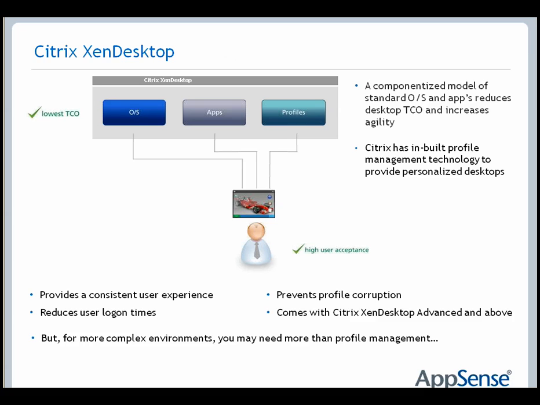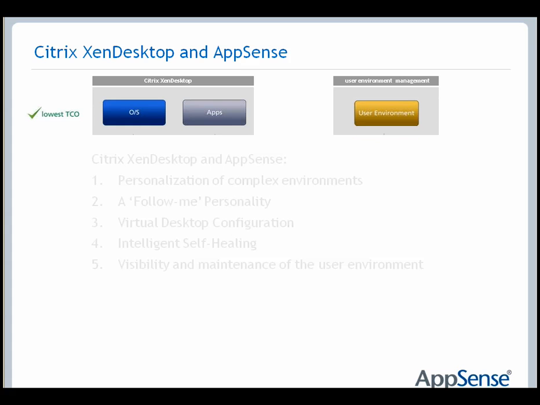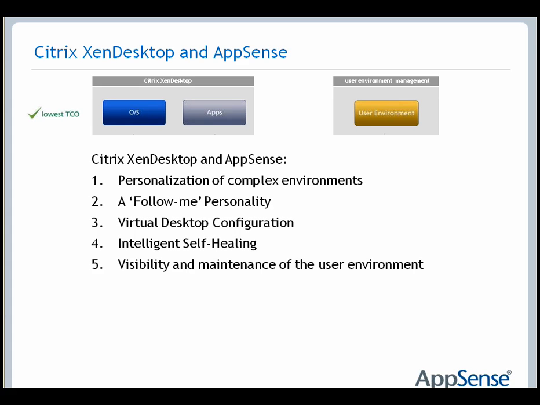And what we're going to look at now is 5 key areas that AppSense and Citrix work together on to provide the best-in-class desktop delivery service. And here we have the 5 bullet points. So, working together, Citrix XenDesktop and AppSense enable you to take any existing personalization settings from an existing environment and import them into your new Citrix virtual desktop environment, but more importantly, allow for those settings to follow the user across the organization through the different sites, different locations, different delivery mechanisms, even when they go home or outside of the network and they're using offline devices, whether it's a locally installed application or offline VMs, as Derek discussed.